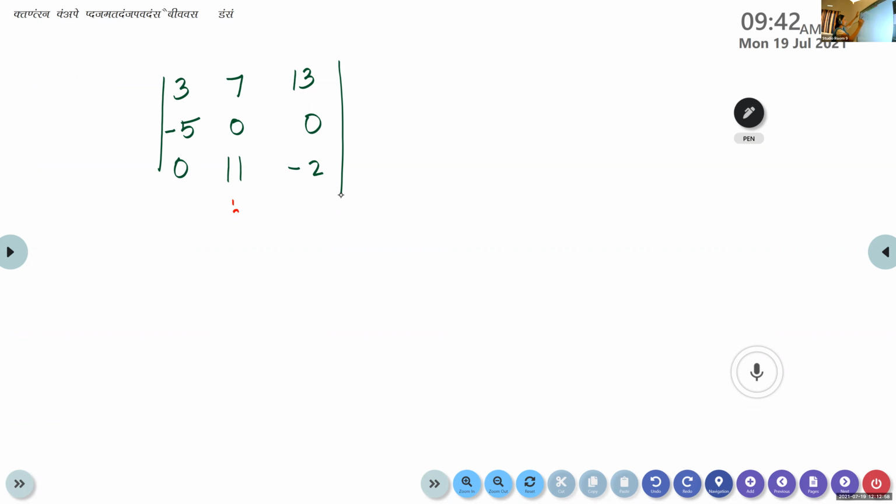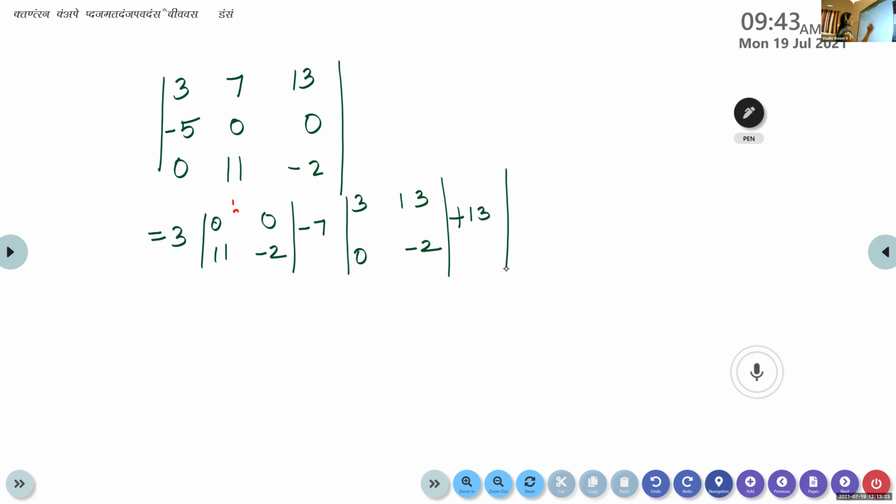Suppose it is along the first row. So the first element is 3 into, leave that row and column: 0, 0, 11, minus 2. Minus 7 into, for the second element, leave the row and column, so you get 3, 13, 0, negative 2. Then for the next element, plus 13 into negative 5, 0, 0, 11.